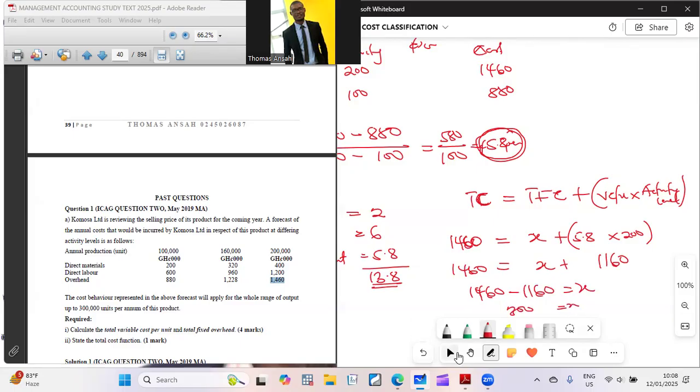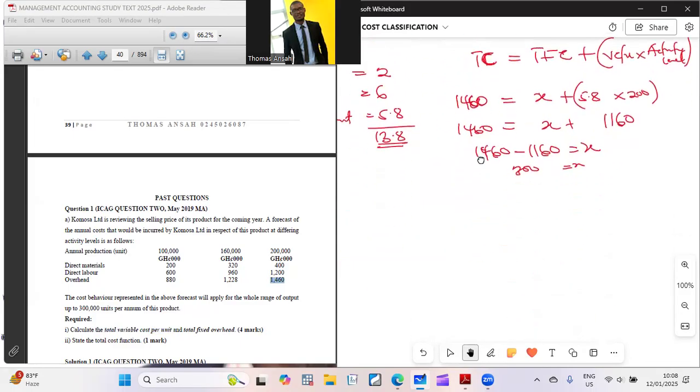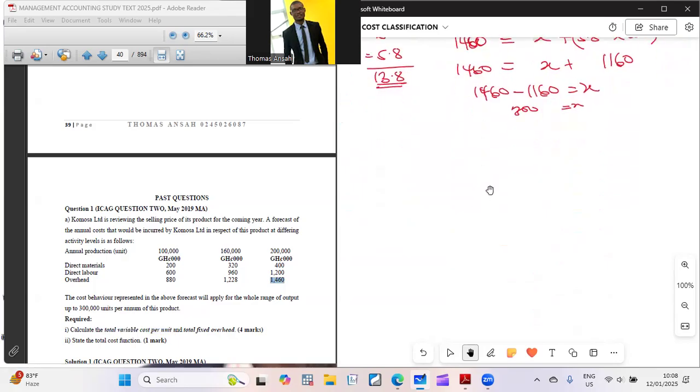So if that is the case, I can now do my total cost function. The function will be Y equals A, and A here is 300. Don't forget there were zeros at the top.